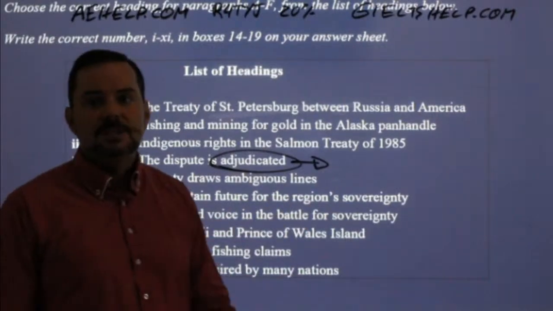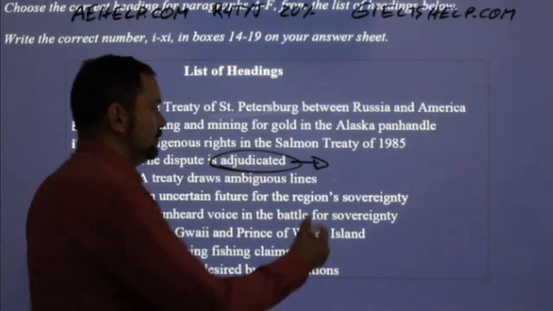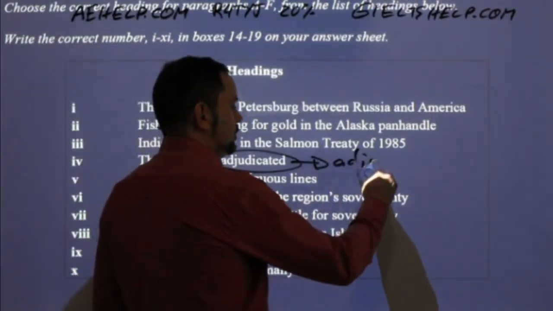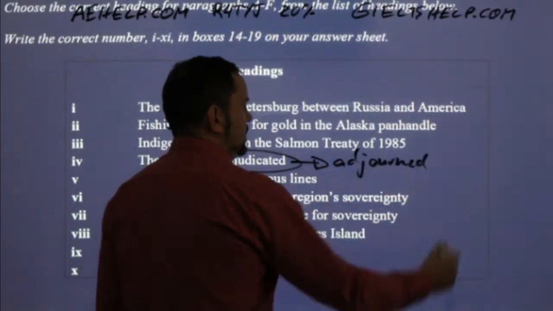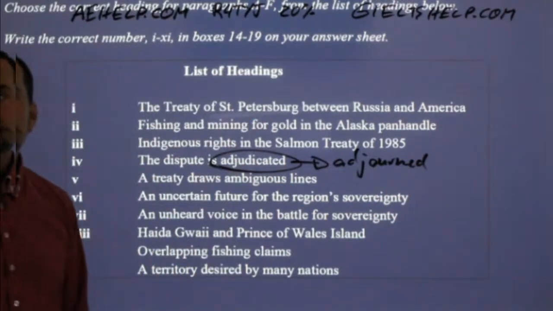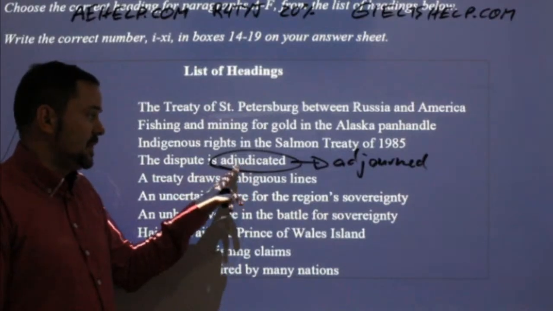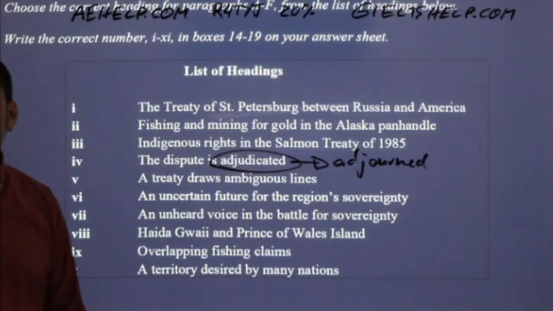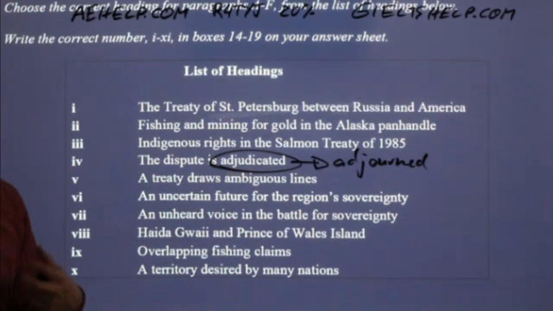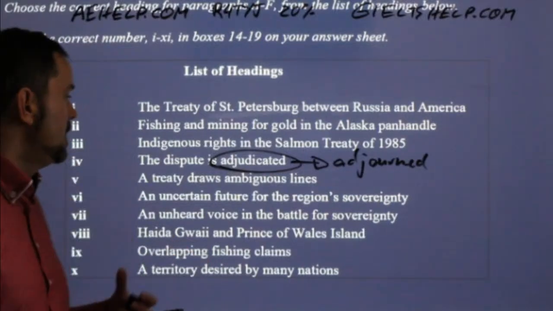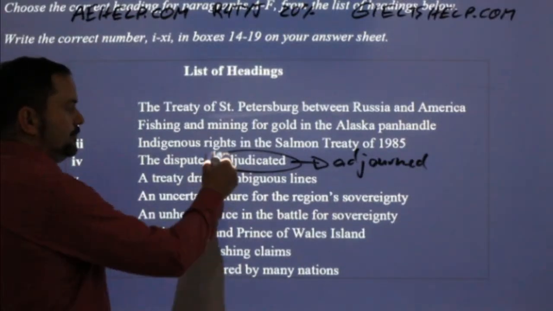Adjourned. So Pippi says adjourned comes to mind. Okay, that's one word that comes to mind for me. Decision is definitely, if I know the word decision and adjudicated, then yes, but there's a couple other words that almost sound like a part of it. You can break the word, right?